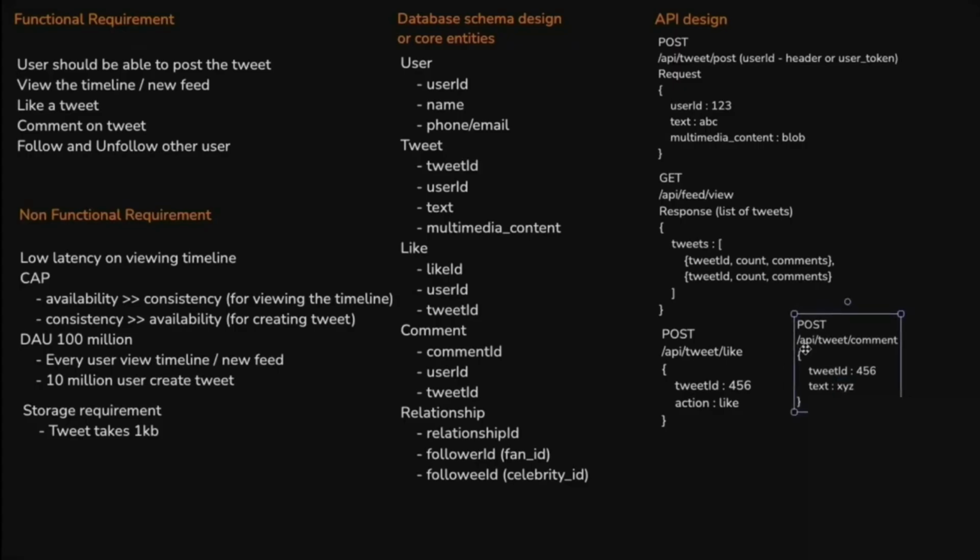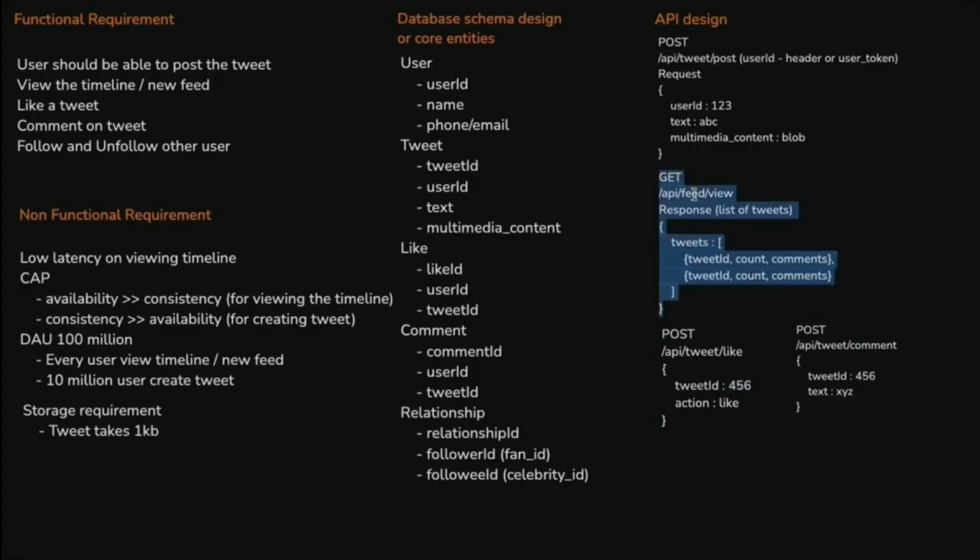So here the user is commenting on a particular tweet with this text, and the user ID is abstracted from the client. Similarly, user is liking a particular tweet, and here user is able to view and post the tweet.